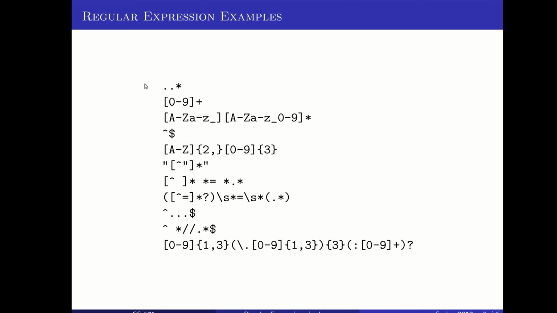Here are some examples. The first example says one of any character and then 0 or more of any character. This is not a particularly meaningful regular expression, but it is saying we have at least one and then 0 or more. This is actually equivalent to saying dot plus, because remember the plus means at least one or more. 0 through 9 plus would capture any sequence of digits 0 through 9.